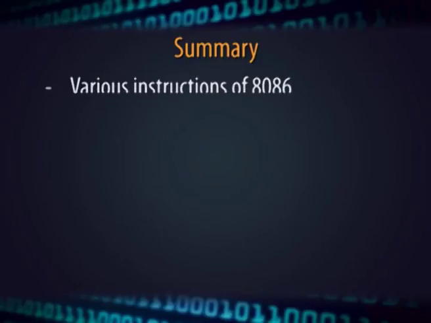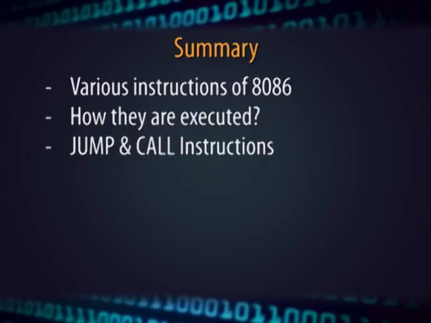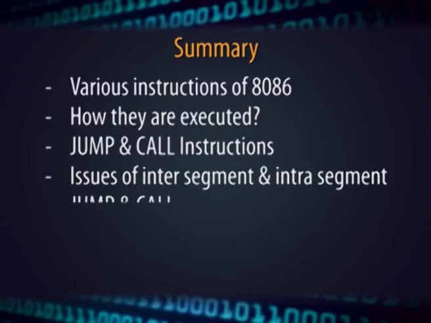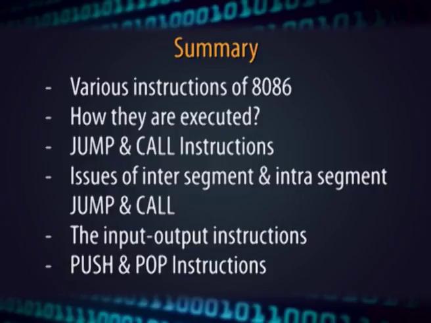So, what we have learned today are the various instructions of the 8086 related to compare, jump, call and input output, and how they are executed. The instructions related to jump and call were discussed. The issues of intra-segment and inter-segment were elaborated. The input output instructions and instructions related to stack like push and pop were explained with examples.